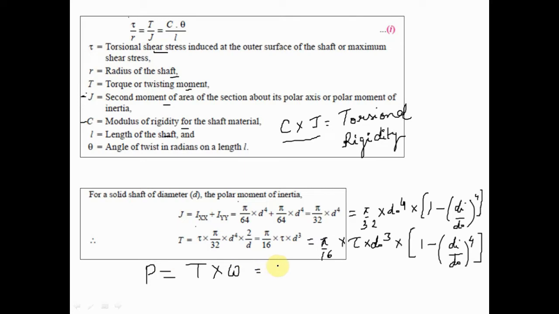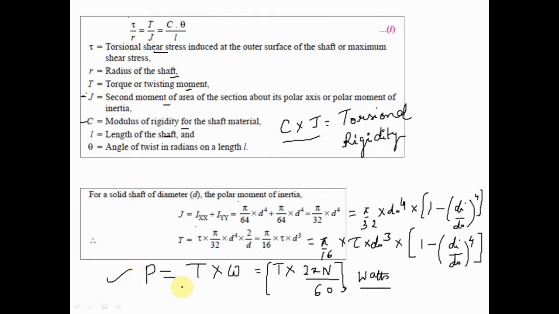So we can write power transmitted equal to torque into 2 pi capital N by 60, where N is the RPM, revolutions per minute, and T is the torque. So power you will get in watts. This is another formula that we will be using in the numericals, and you should all know it.